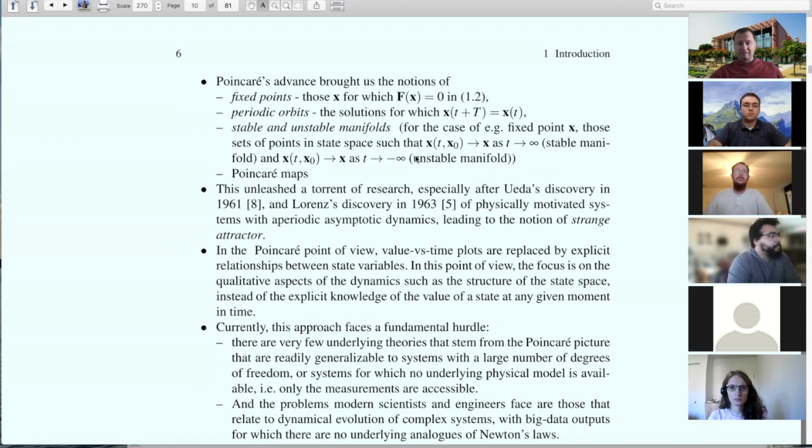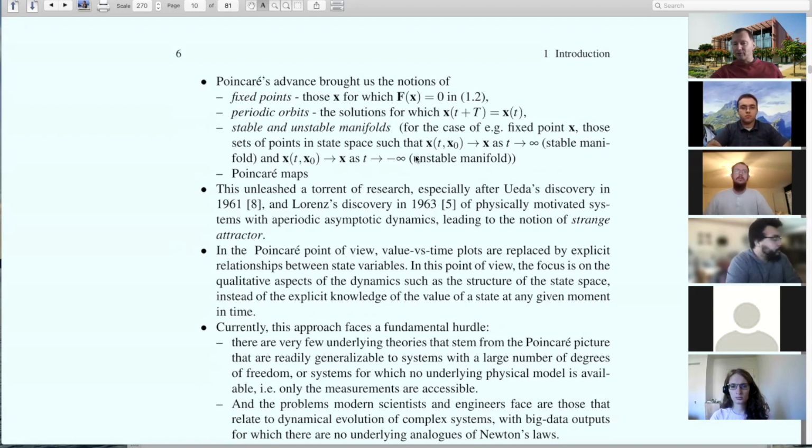But 60, 70 years pass until some of the full potential of that picture was realized with the now very famous Lorenz discovery of a physically motivated system with aperiodic asymptotic dynamics.